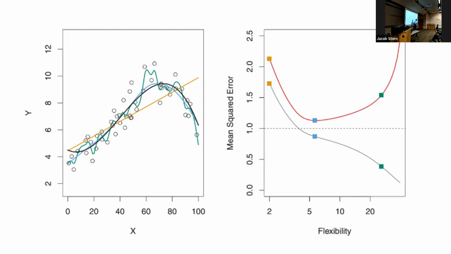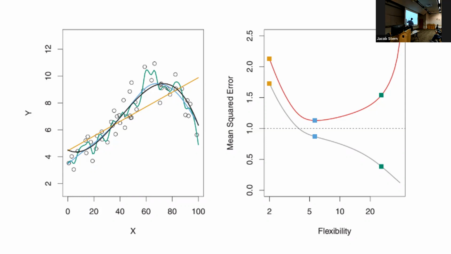the second diagram on the x-axis is basically scanning over the flexibility of these models, with on the far left being our orange curve, and on the far right being our green curve, our high dimensional green curve. And so this red curve shows the error on our test data, and this gray curve shows the error on our training data.